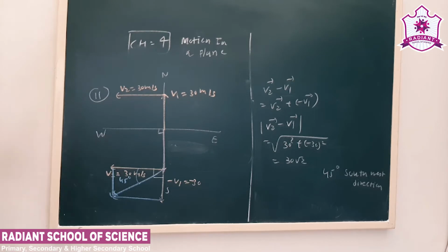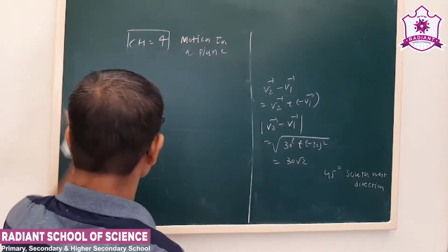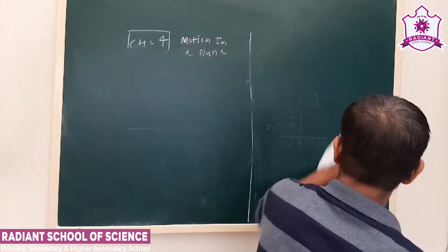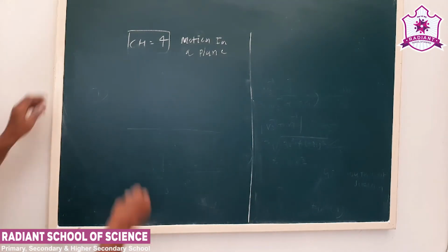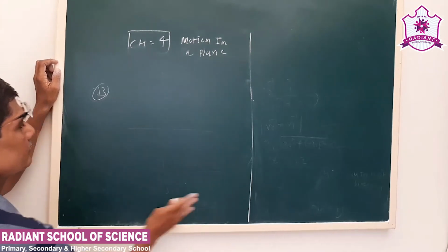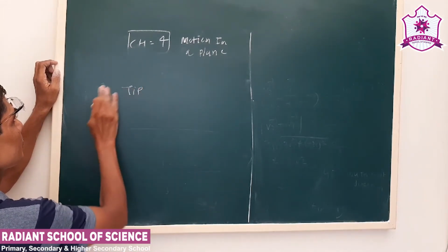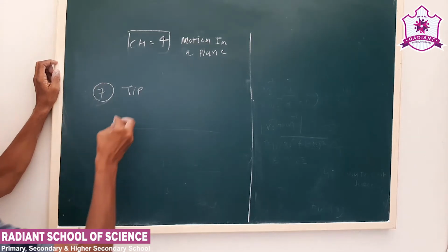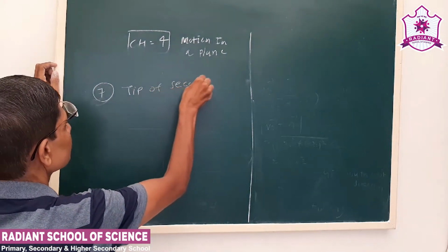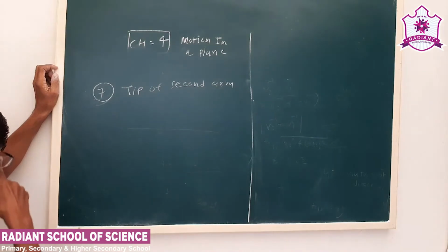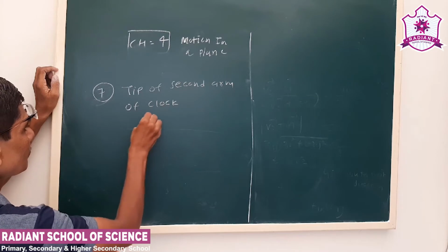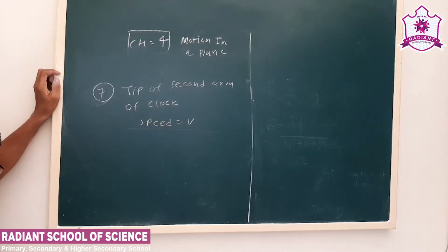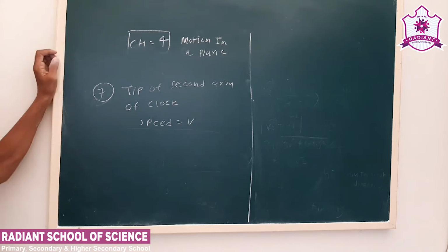Now, our next MCQ. The linear speed of the tip of the second arm of a clock is v. Find the magnitude of change in the velocity in 15 seconds.